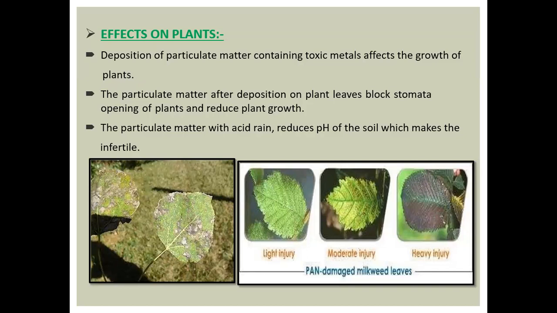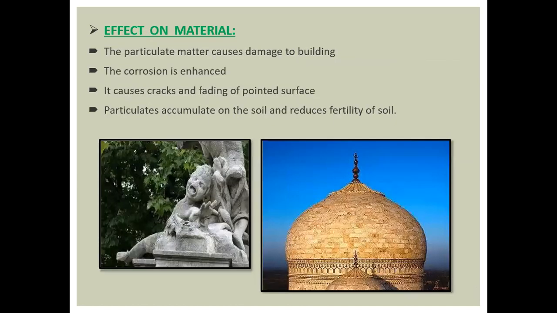As you can see, the damage to the pecan leaves starts with a light injury, then a moderate injury, and at the end a heavy injury. It basically develops because of acid rain, which indirectly reduces the pH of the soil and then makes the plants infertile, right? So it reduces plant growth and blocks the opening of the plants. So it can damage plants also.